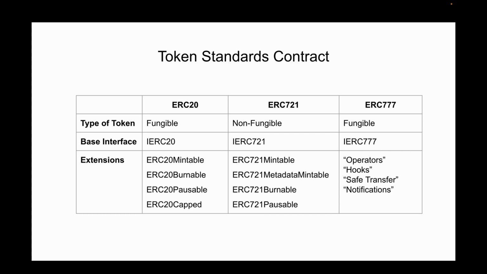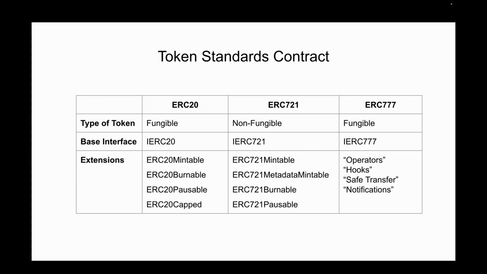This feature can be used for things like staking, liquidity provision, and more. Hooks, which allow for custom logic to be executed on token transfers, enabling advanced use cases such as token burning, locking, and more. Safe transfer, which allows for the execution of a contract's fallback function before a token transfer, allowing for more security in smart contract interactions.